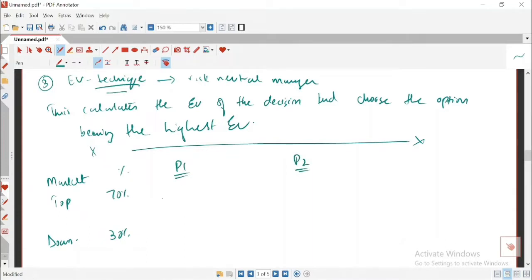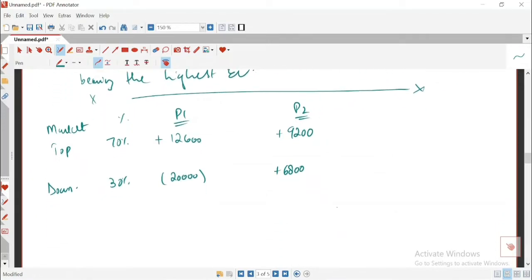If the market is in top and your Project 1 is chosen, you will get an outcome of 12,600. If it is down, you will get a negative outcome of 20,000, negative return or a loss of 20,000. If you choose Project 2, your positive outcome is going to be 9,200 if your market is top and 6,800 if your market is down. How are we going to solve it?